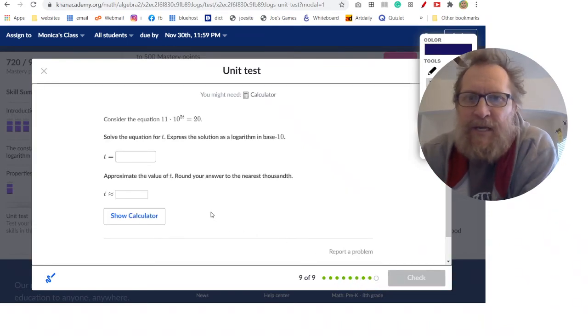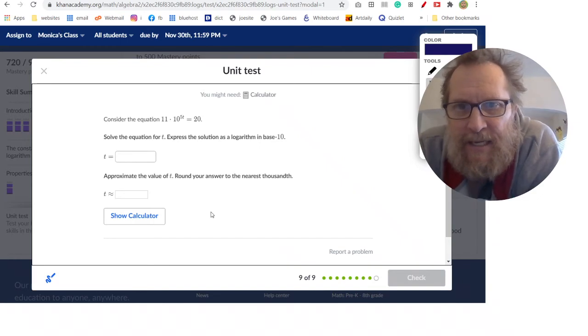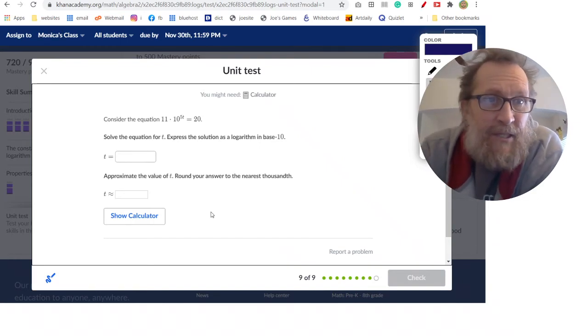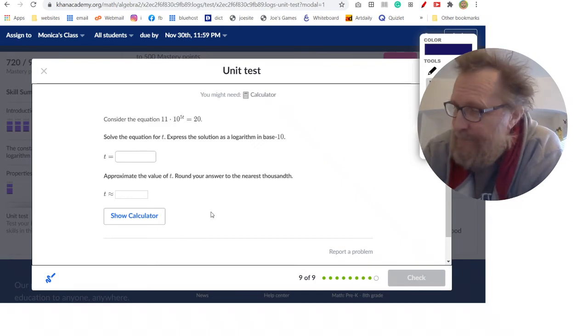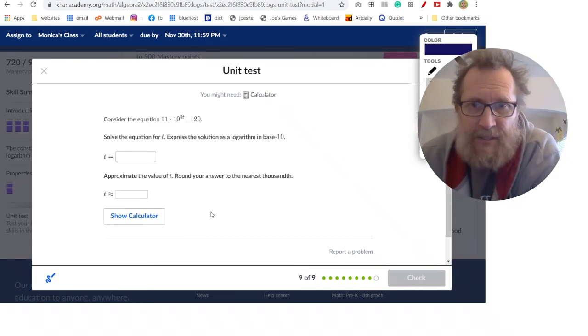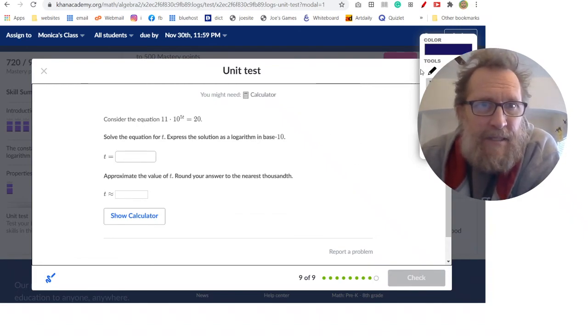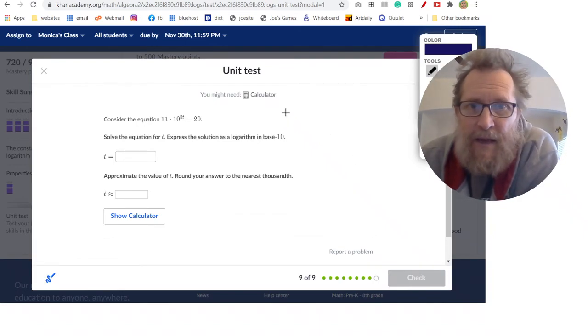And consider the equation 11 times 10 to the 5t equals 20. Solve the equation for t. Express the solution as a logarithm in base 10. All right. So the first thing we need to do is divide that 11 out.